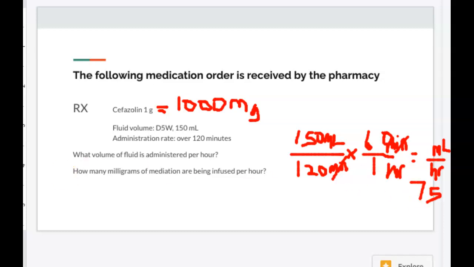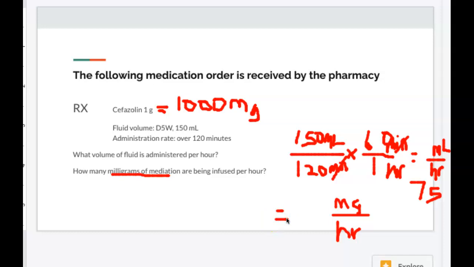So now the next one is asking how many milliliters of medication are to be infused per hour. Well, it's asking milligrams of medication. So our answer needs to be in milligrams per hour. That's what our answer needs to be.